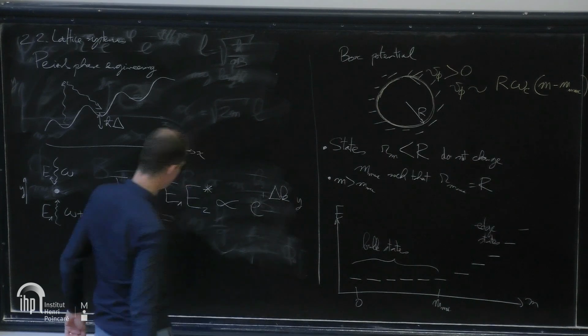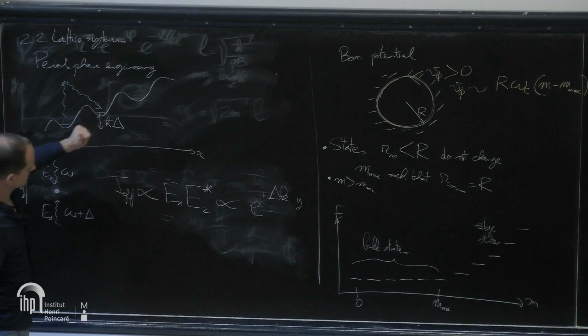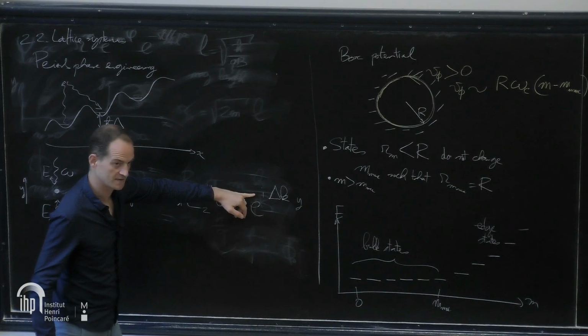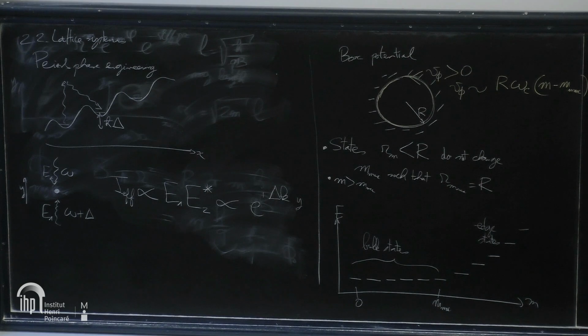So delta k is the difference between the light momenta of the two lasers. So what we see is that the motion along X involves a hopping matrix element that has a complex phase that depends on the value of Y. And so this crosstalk between X and Y is equivalent to the application of a magnetic field. And with that, it was possible to simulate the Harper-Hofstadter model, and with similar techniques, the Haldane model.